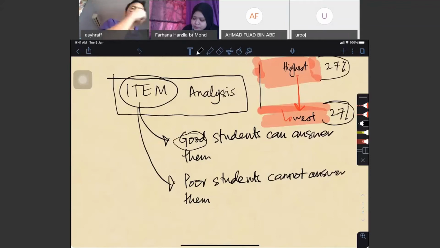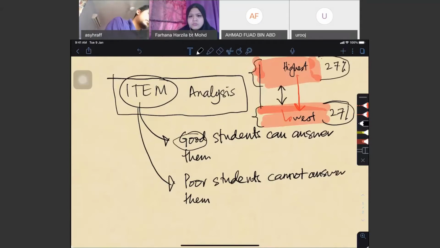Why 27? The answer seems to be that it is a compromise of two things. A, you want these groups to be as far apart as possible, so you might take the top 10% and bottom 10%. But at the same time, B, you want the number of students in each group to be as many as possible so that your calculations become accurate.